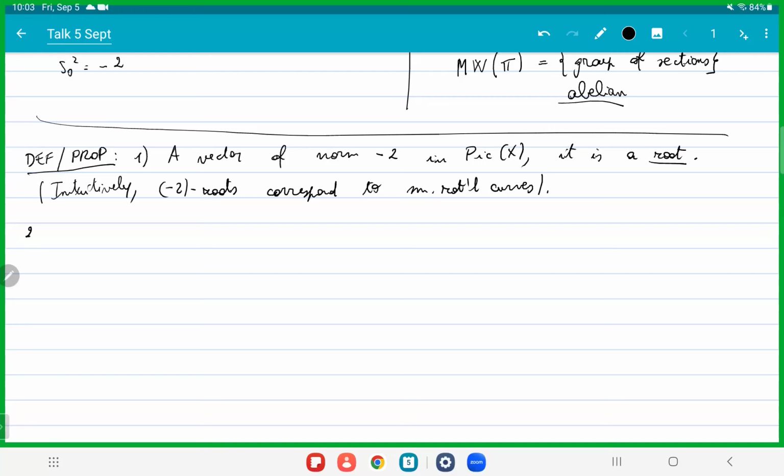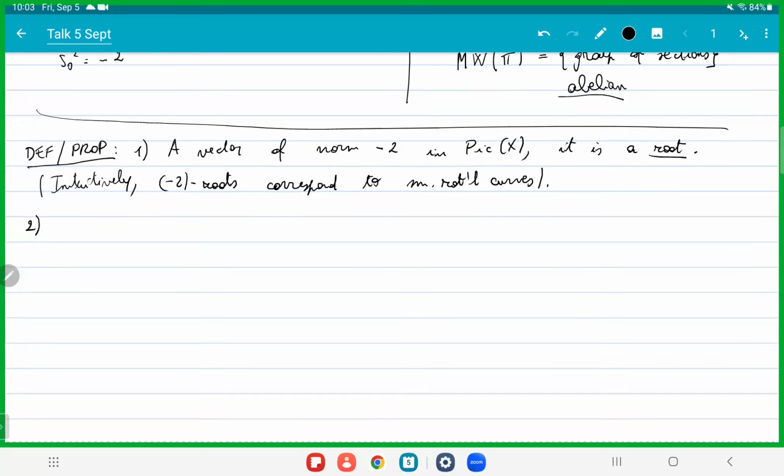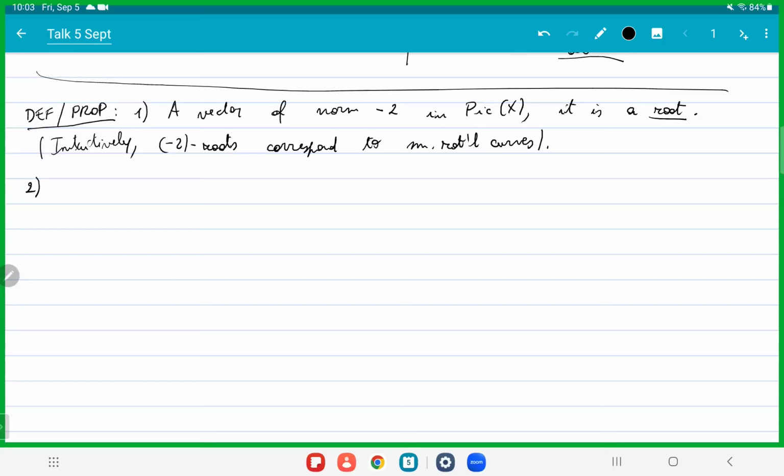And then, as soon as we have what a root is, we can define what it means to be Nef in the special case of a K3 surface. It's even easier than normal. So remember that a vector V in Pic is said to be Nef if it intersects non-negatively all effective curves, right?